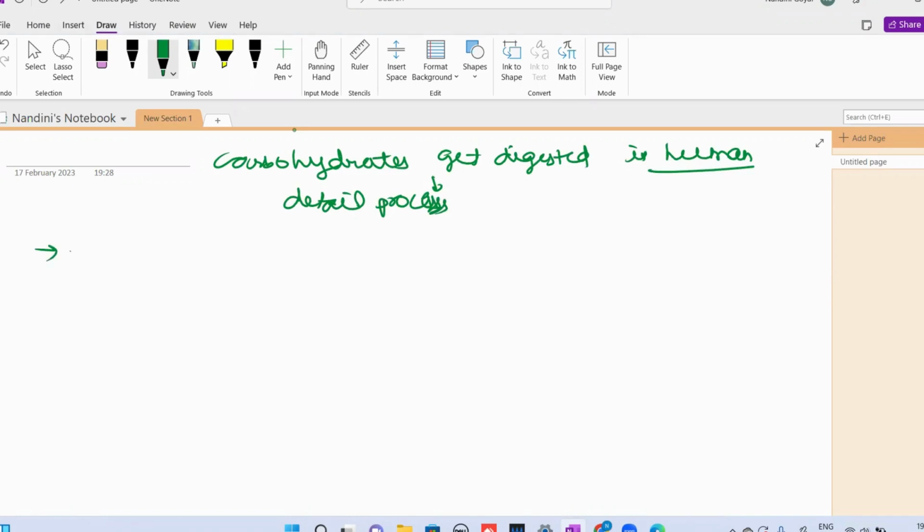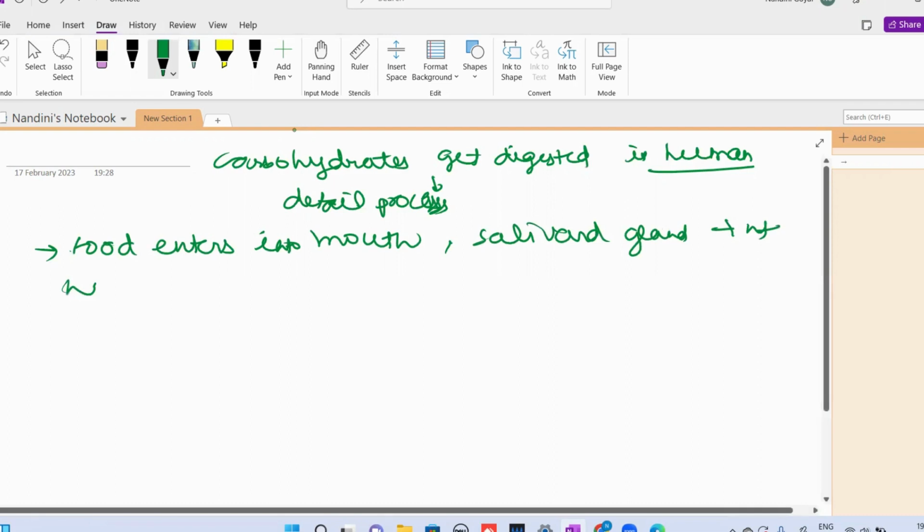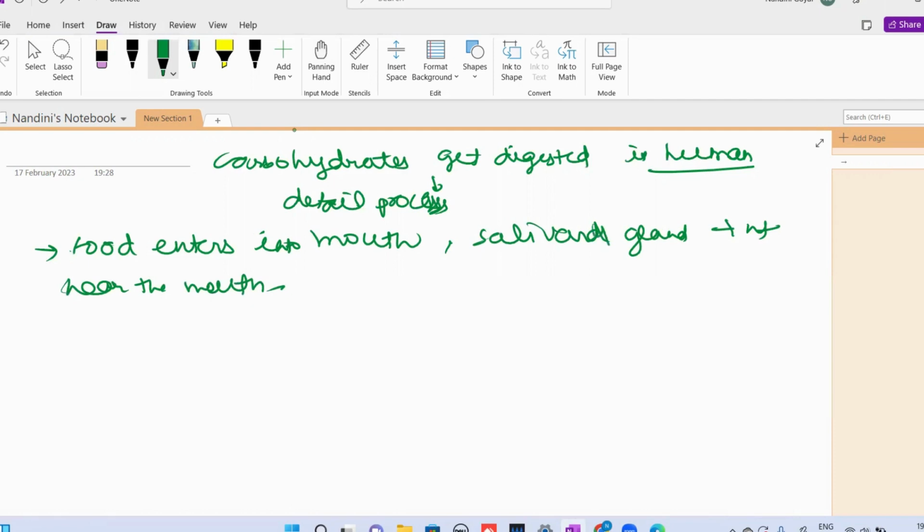First, the food enters into the mouth. Okay. So as I told you, the salivary gland is present near the mouth, and is the salivary gland an exocrine gland or an endocrine gland?